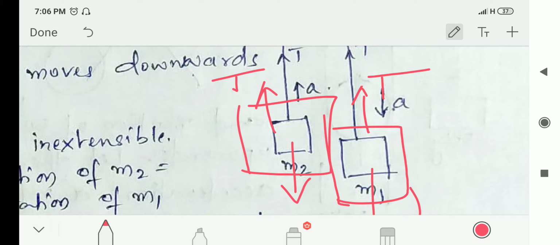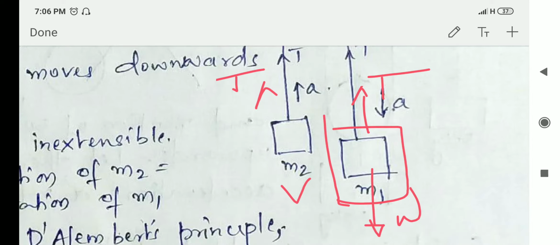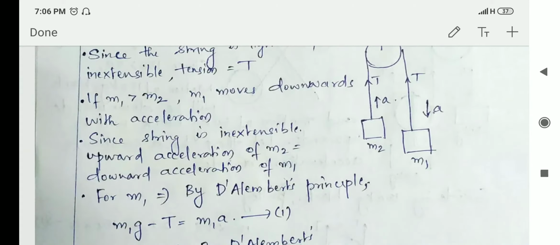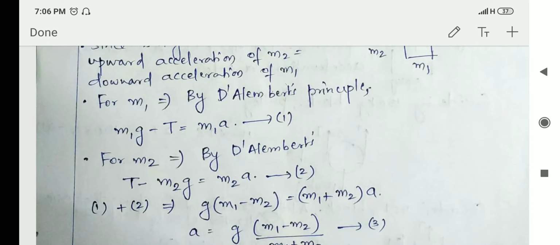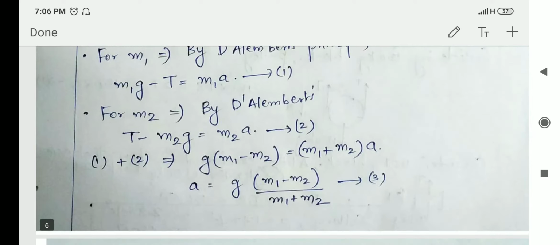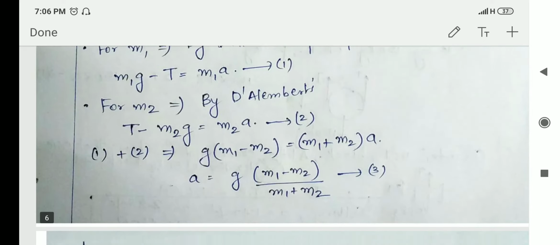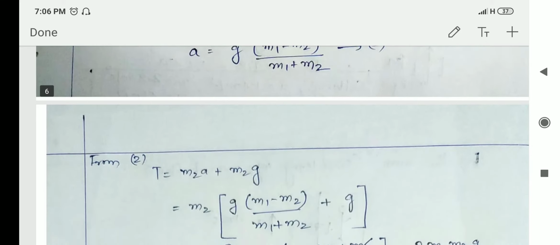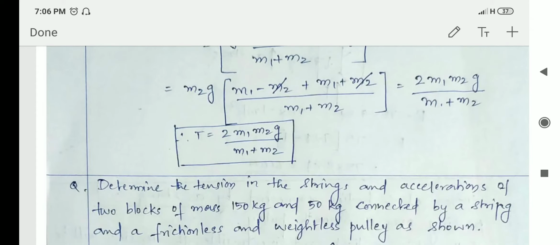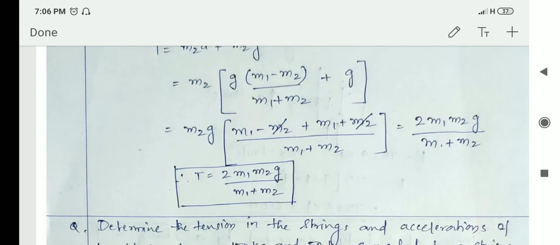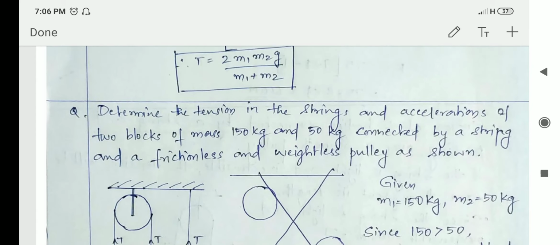We can use these equations and readily find out the answer. In this case I have formulated an expression for acceleration. This is not required for the problem at all, but I have written it. It is available in my notes, so please refer to that. We will go right away to a problem.